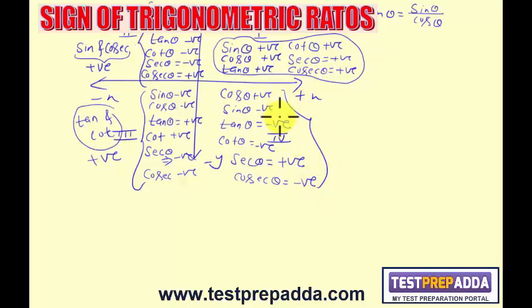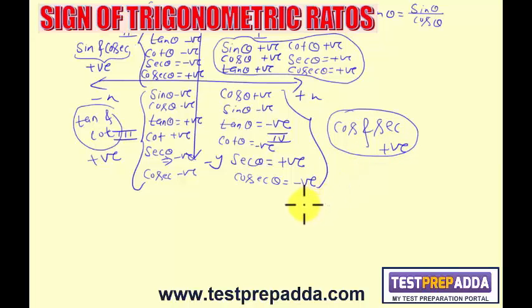Now what conclusion you can draw from here? Here cos and sec, these two trigonometric ratios are positive, rest all negative.